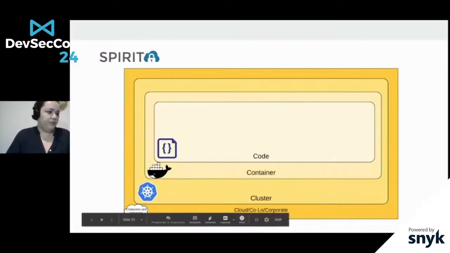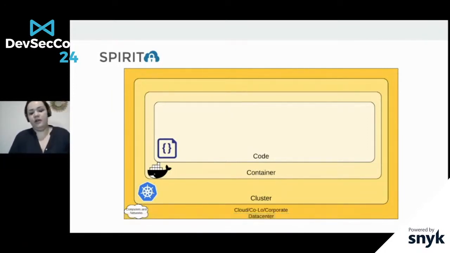But before I start talking about code, as you can see in the figure, each one of the Cs depends on the security of the squares in which they fit.